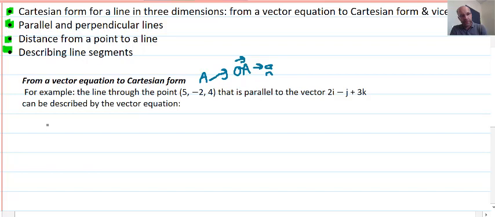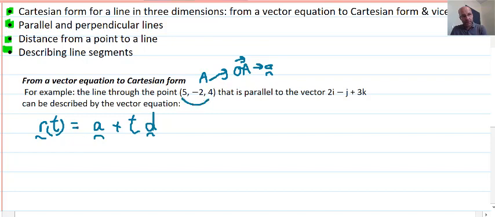And as you know, from our previous work we have the general form for a vector valued function: A plus parameter t times d, where d is a parallel vector and A is a position vector. So let's use this.